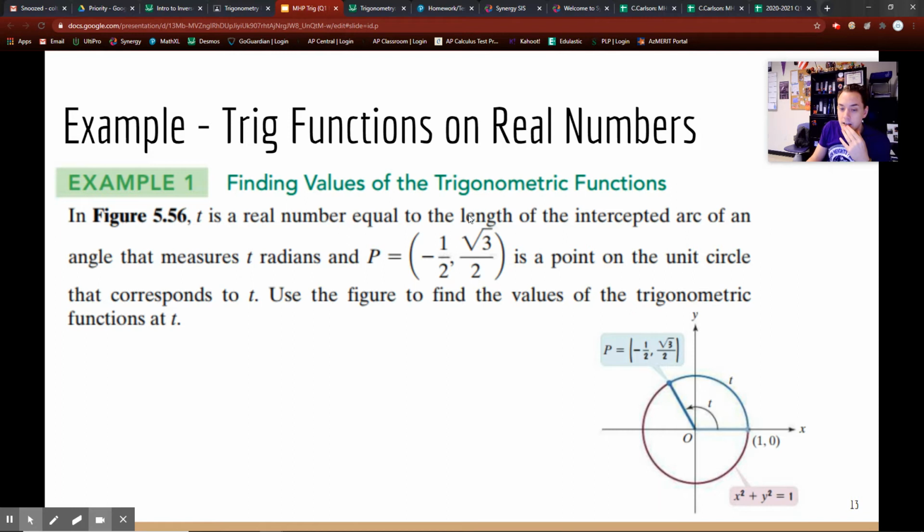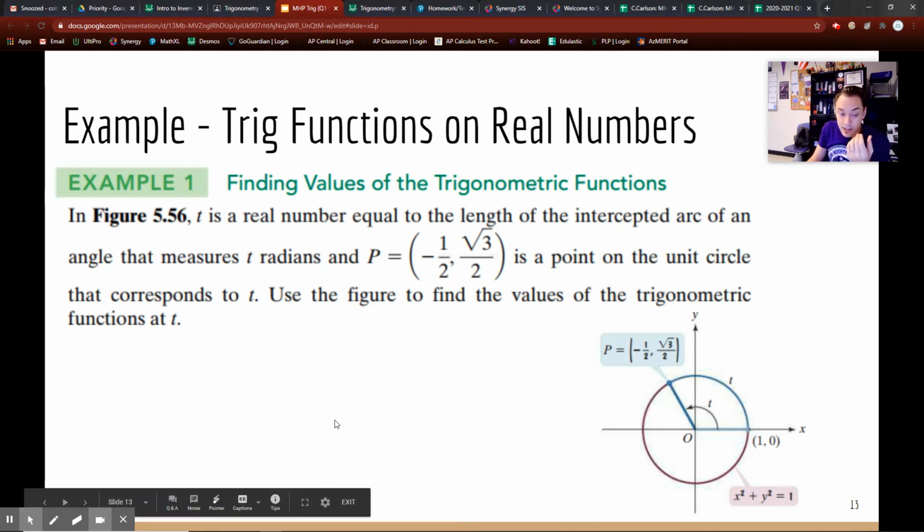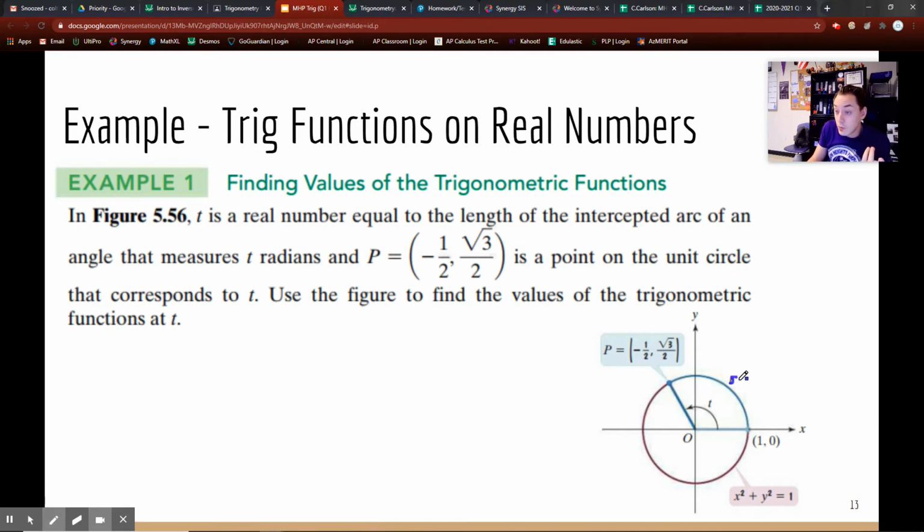T is a real number equal to the length of the intercepted arc. So you notice right here, we said S equals t. This is technically S, but now we don't write S because we said S was equal to t if R equals 1. That means this would be 1 times theta, but my theta is t, so S equals t, the central angle, which means now what I can do is just write t.